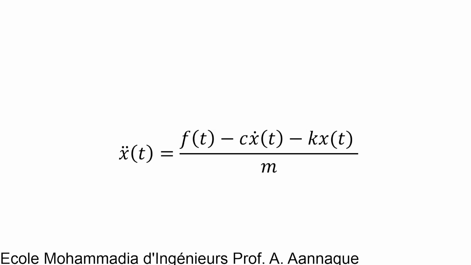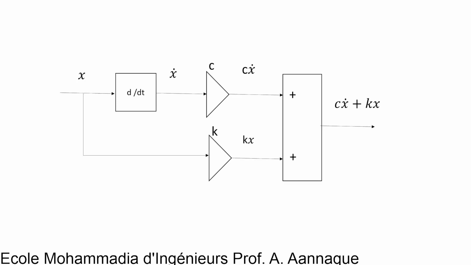We get x dot by differentiating with respect to time. Then we multiply x dot by a constant c using an amplifier, and we multiply x by k, and we sum the two to get the first expression, c x dot plus kx.